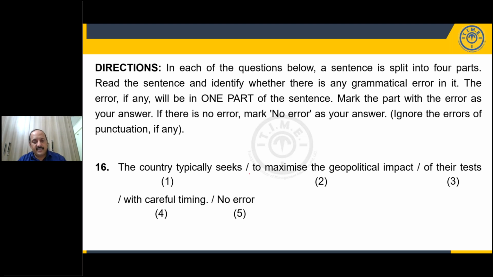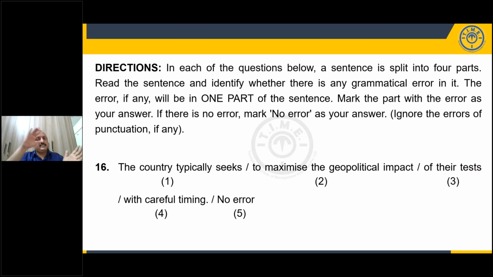The country typically seeks to maximize the geopolitical impact of their tests with careful timing. So let's now examine each. The country typically seeks, okay, seems to be all right, to maximize the geopolitical impact, okay, of their tests. Now there is a concept in grammar called subject verb agreement, which means that if the subject is singular, the associated verb is singular.